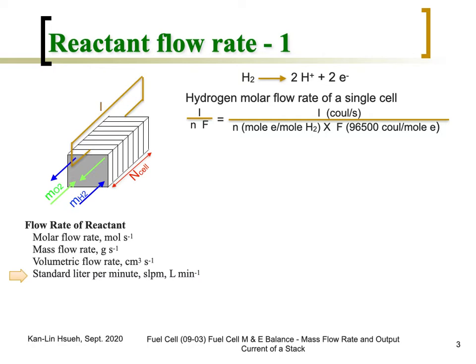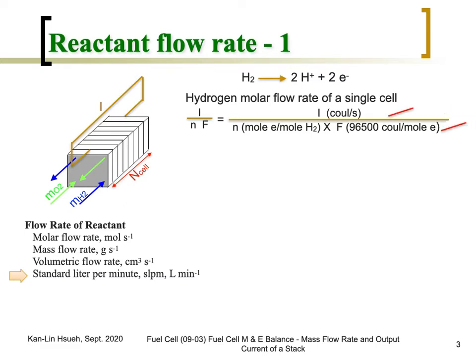The unit is amp, or coulomb per second. And n is the equivalent, that means per mole of hydrogen consumed, how many moles of electrons will be released, times the Faraday constant, meaning each mole of electrons is equal to 96,500 coulombs.